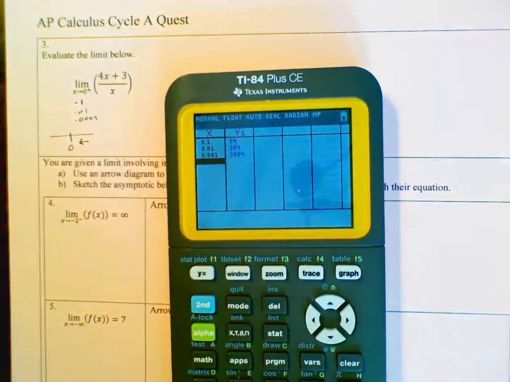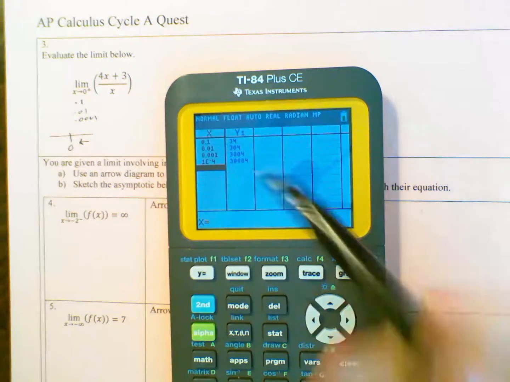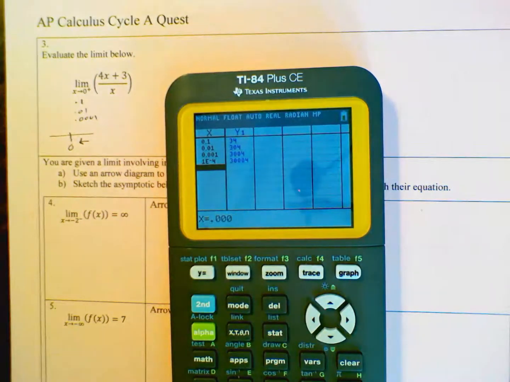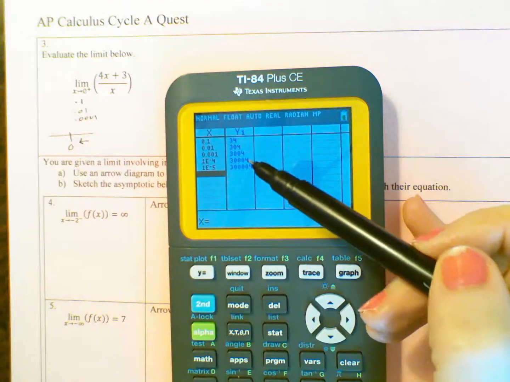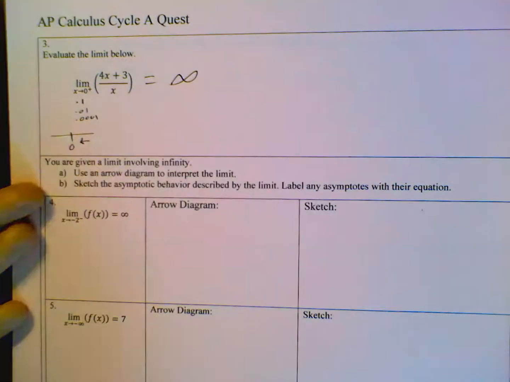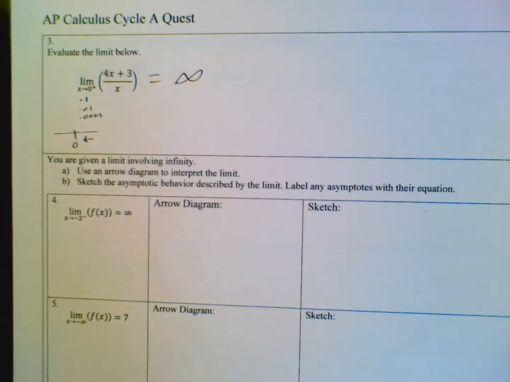I just keep adding more zeros, and it just keeps getting even bigger. So guys, what's happening? If the y values are just getting bigger and bigger and bigger, this is going to positive infinity. All right.